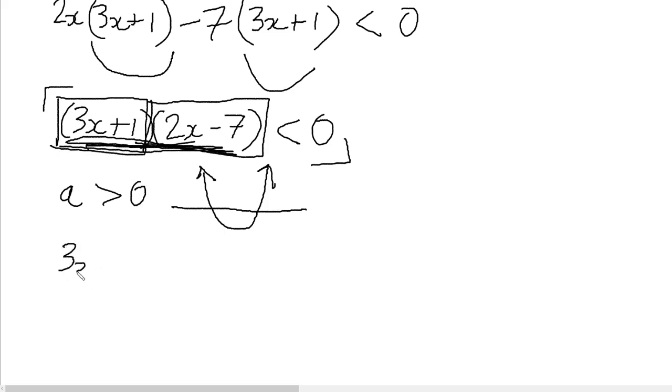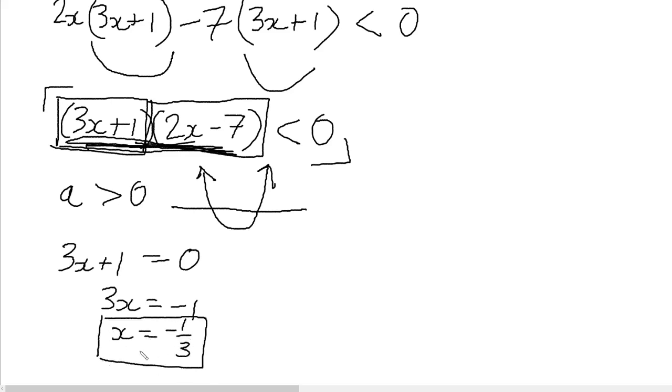So let's try that on each of these factors. 3x plus 1 is equal to 0, minus 1 from both sides. 3x is minus 1, or x is minus 1 over 3 when we divide both sides by 3. Or, given that 2x minus 7 is 0, 2x is equal to 7, or x is equal to 7 over 2.